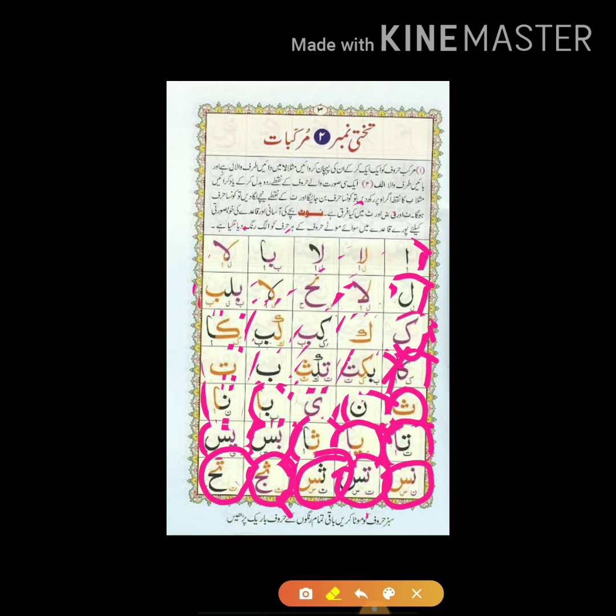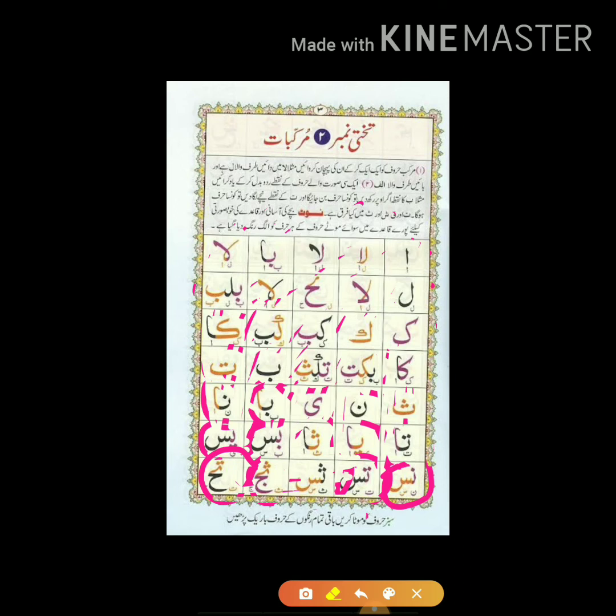Until your basics are strong, you cannot read the verses of the Holy Quran, or recognize the letters in joined words or joined letters. So now we are going to revise each box again so that things come in the right way in your mind. Let me erase it.